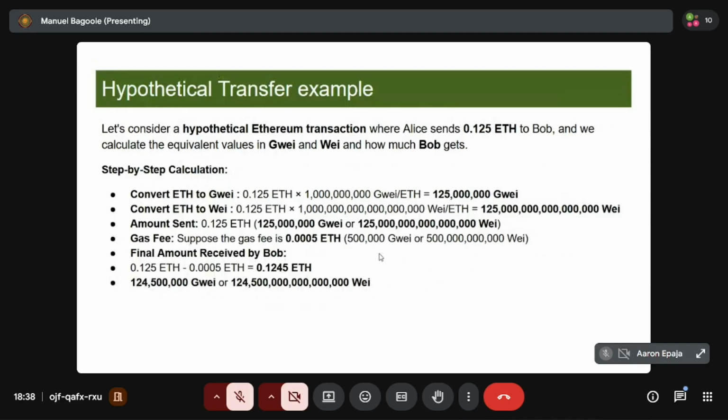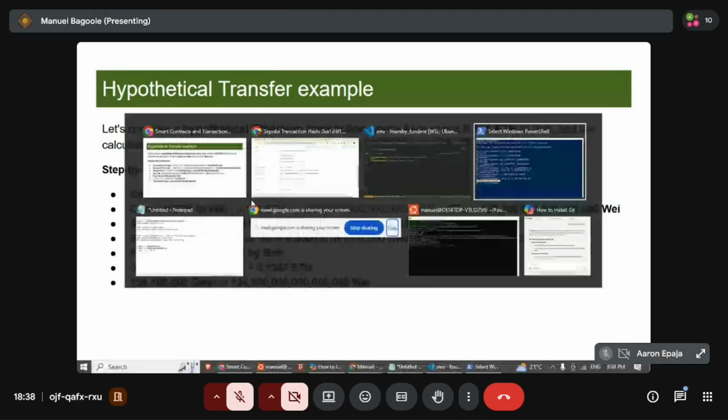Yeah, I think we had an example here. What we were trying to do here is converting ETH to Wei. So we had 0.25 ETH, then multiplied it by 1 billion, which is the amount in Wei. And this is what we have in Wei. You can actually verify it now.